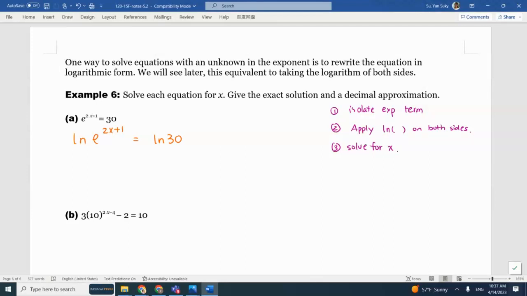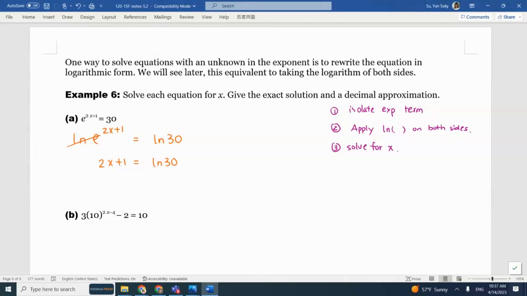Is that okay, everybody? Now ln and e cancel. Then what do we get?